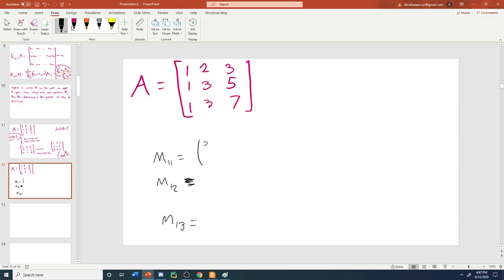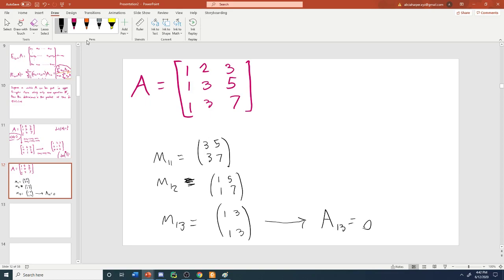M11 here is going to be 3, 5, 3, 7. M12 is going to be 1, 1, 5, 7. M13 is going to be 1, 3, 1, 3. And I can see right away that the cofactor, big A13, is going to be equal to 0 because the determinant of this matrix is 0.